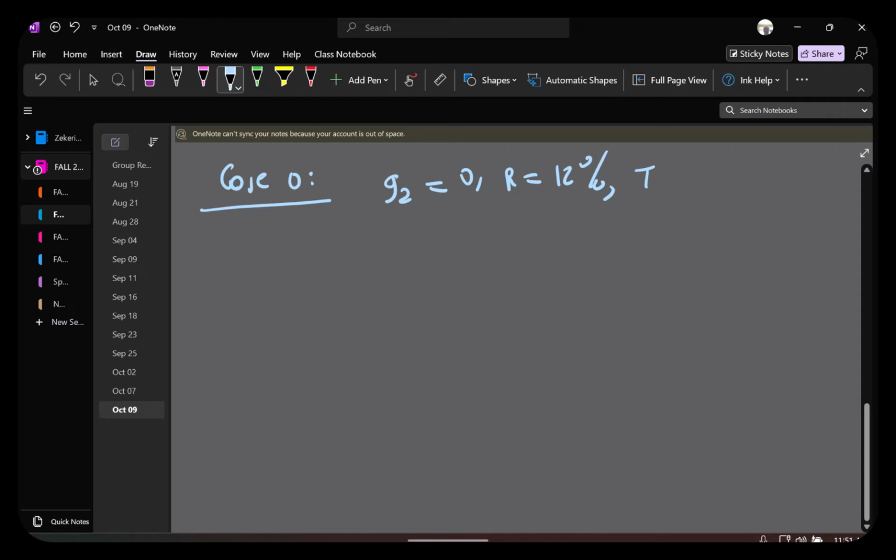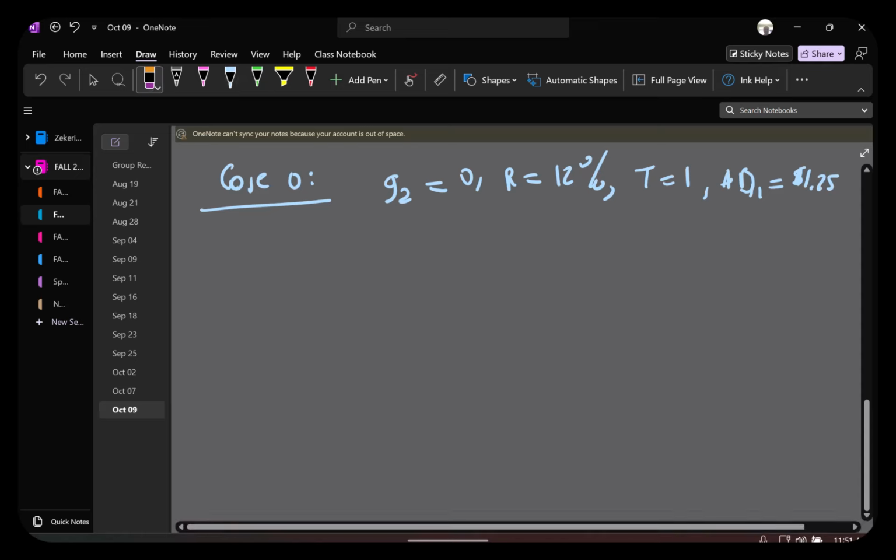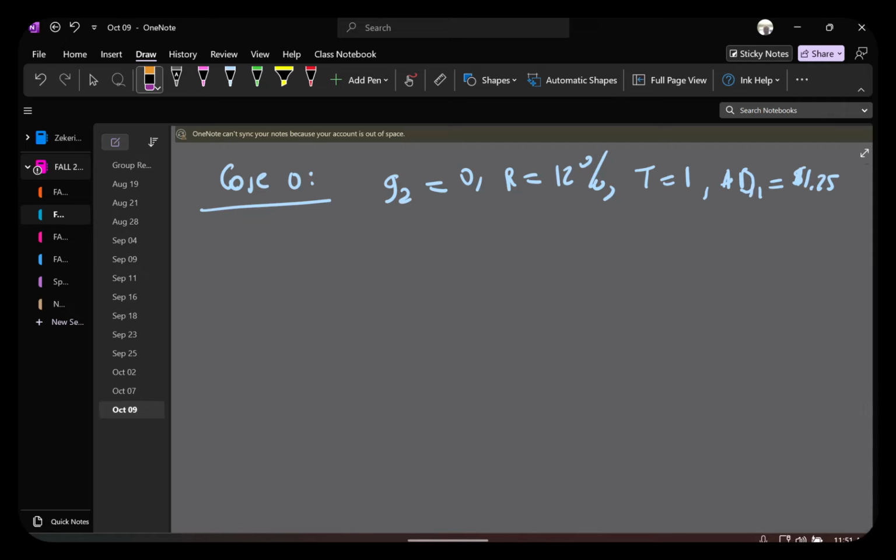Obviously, you know only one dividend, and that dividend is just the next one. And let's assume a $1.25 dividend. You don't need to know anything else. So let's implement that.